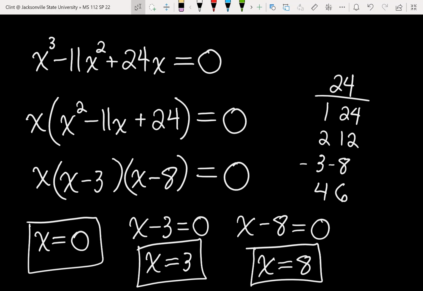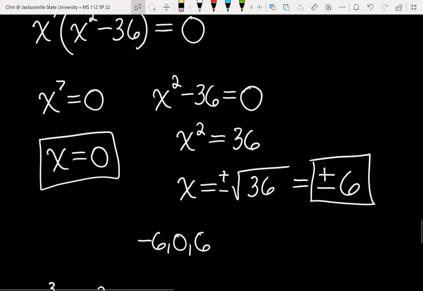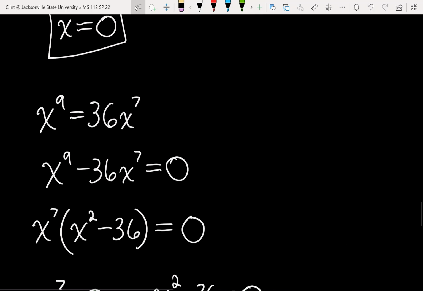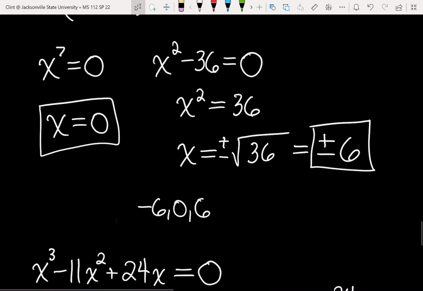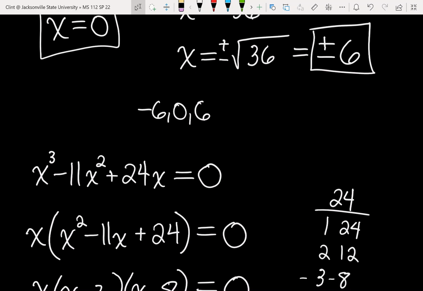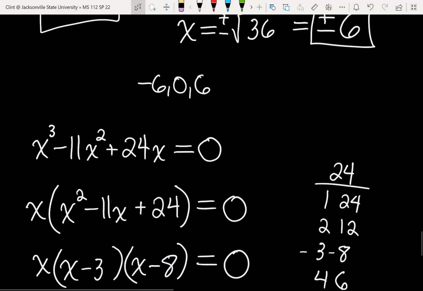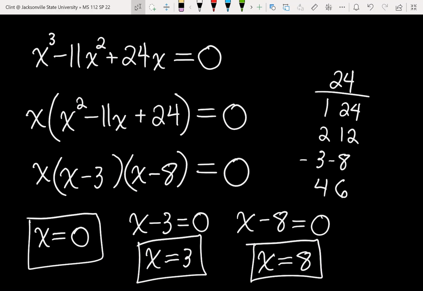So here we had x to the third, so we could have a maximum of 3 solutions. You could have fewer. On the last one we had x to the ninth and we only got 3 solutions. That's okay. You're going to have a maximum of that largest exponent.